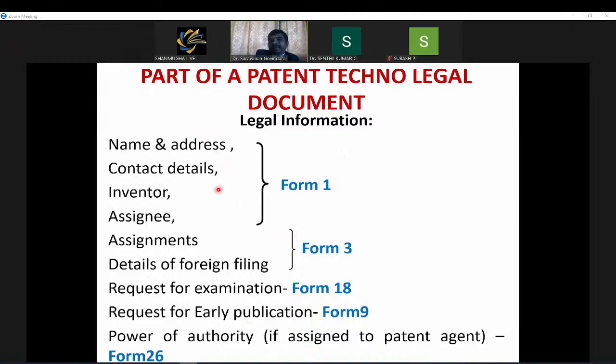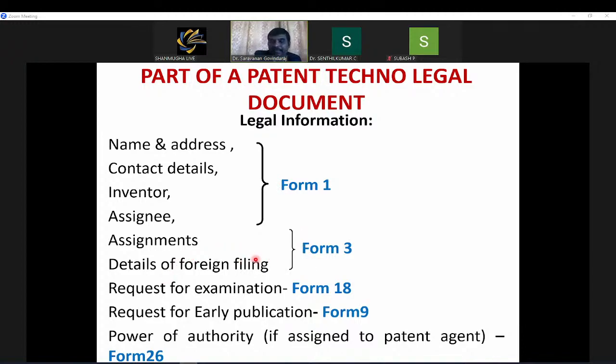So these are all the major information which will be present in different forms. Form number 1 will include your name, address, contact details, and if you are assigning somebody, who that assignee is and their details, everything will be there in form number 1. In form number 3, assignments and details of foreign filing.